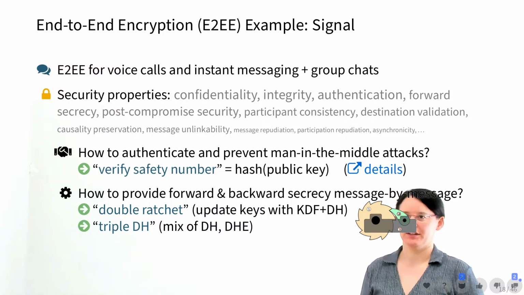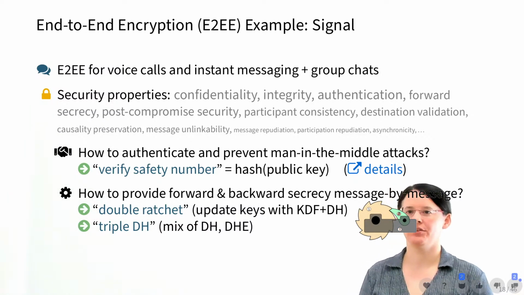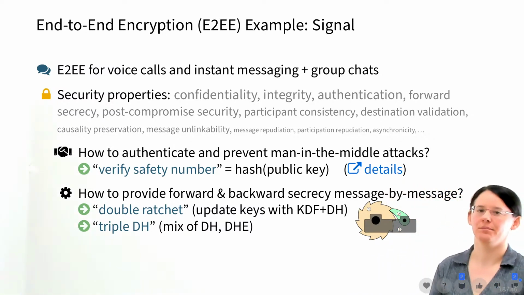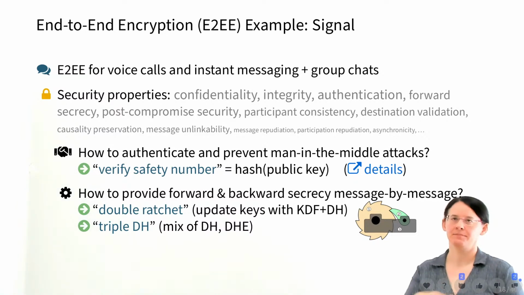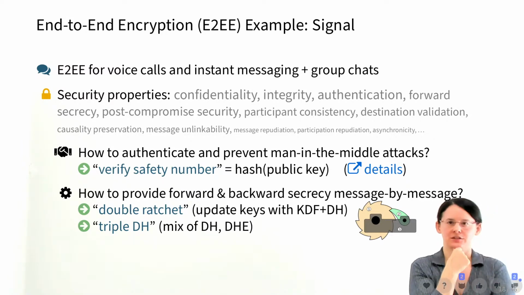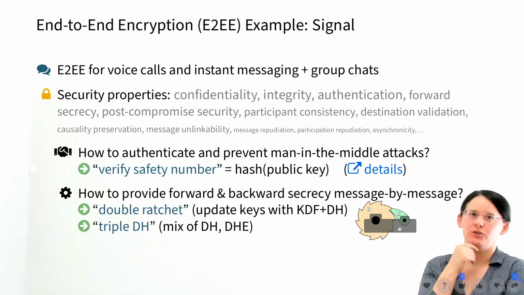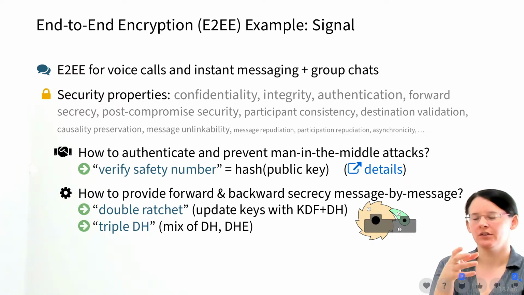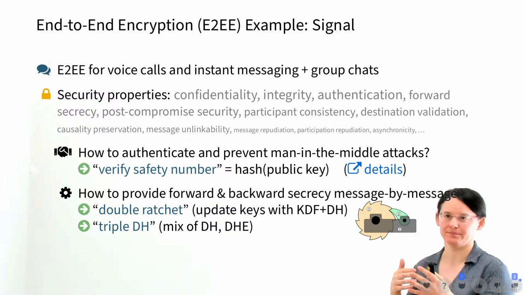What's another challenge? Another challenge is that you still want to provide forward and backward secrecy like in TLS, but in TLS it was kind of sufficient to do this on a session by session basis. That's because you usually only talk very briefly to a website and exchange a lot of messages in that time, so that's a session.